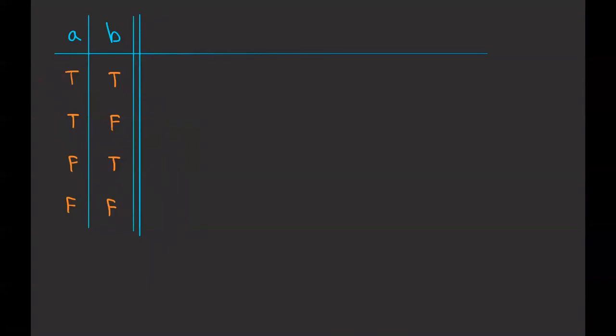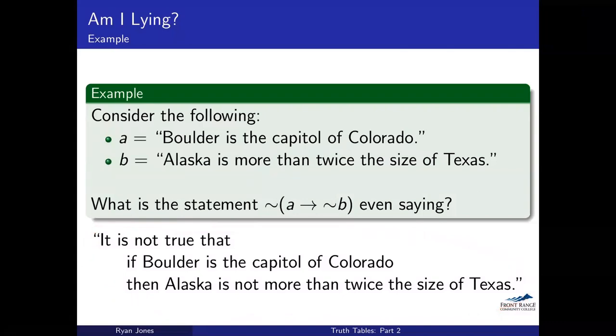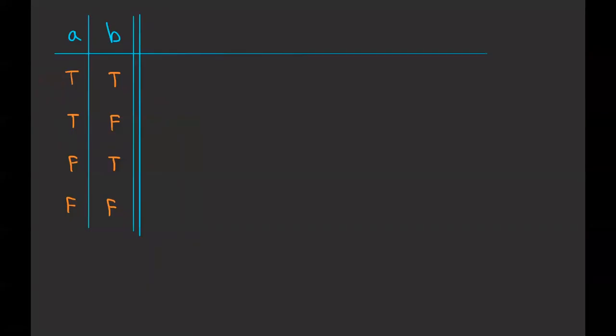Okay, if they're both true, then let's go look at this whole statement and figure out whether it's true or false. And we can do that, right? We've got our compound statement here. I'll copy that. So we've got our not if A, then not B. Let me make sure I copied that down correctly. Yeah, that's the same thing. So not if A, then not B. Whole big deal there.